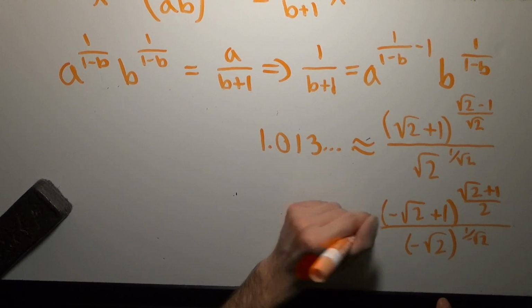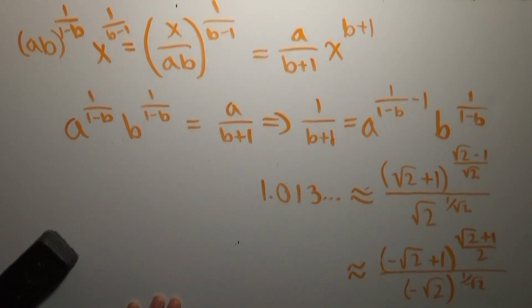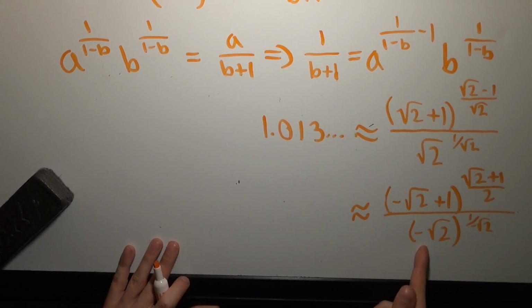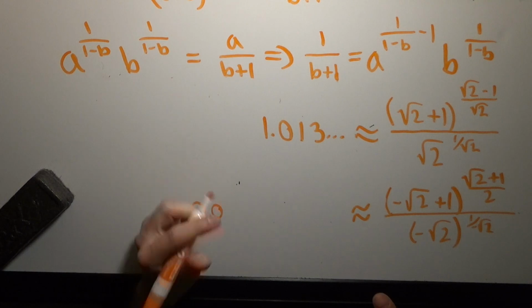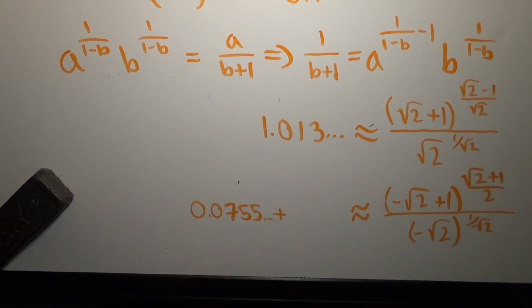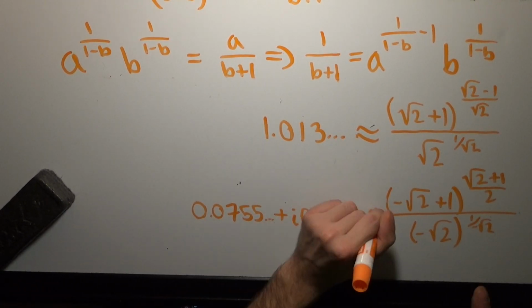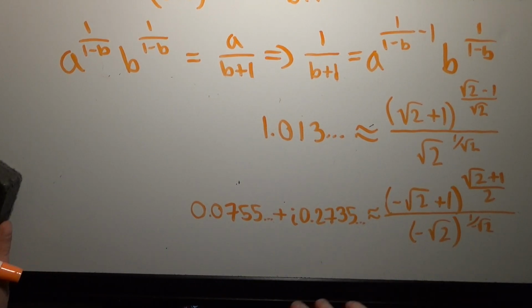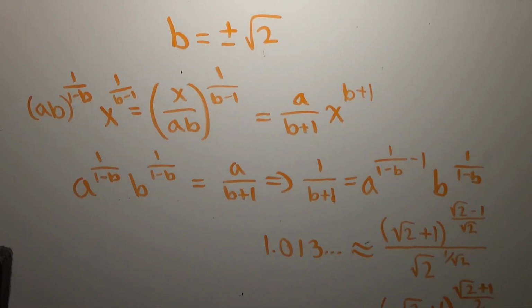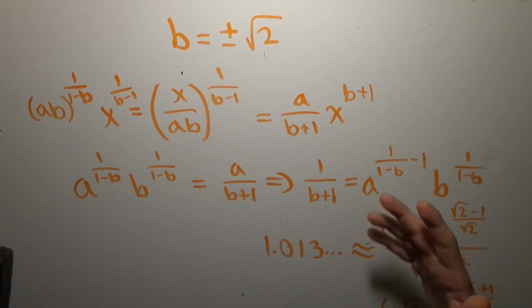But if the power was negative root 2, the coefficient A is a complex number, and it turns out to be 0.0755 plus i times 0.2735.